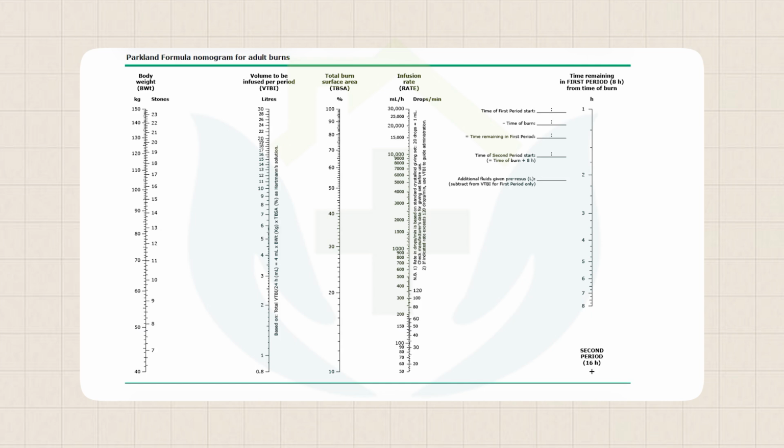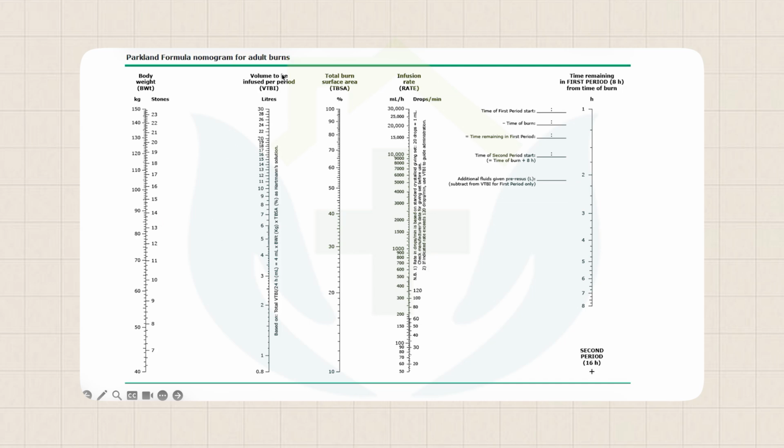Coming to how you will calculate Parkland if you don't memorize the formula, you can simply take a printout of this nomogram. Supposedly the patient weighs 90 kgs, you take a strip of paper and put it across this 90 kg, and total body surface area burn is 40. So you connect the 90 and the 40.